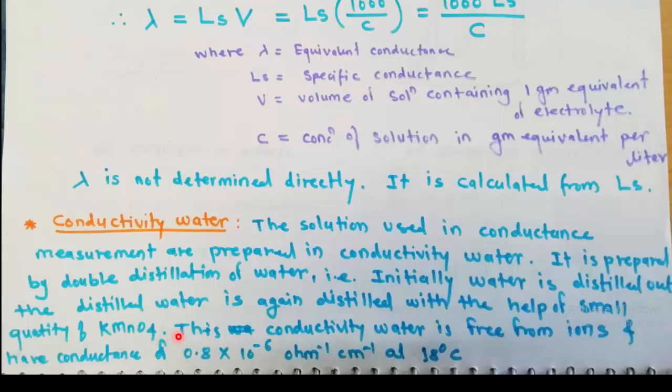Now this double distilled water is called conductivity water, and it is free from ions and dissolved gases. This conductivity water has a conductance of 0.8 into 10 raised to minus 6 per ohm per centimeter at 18 degrees Celsius.